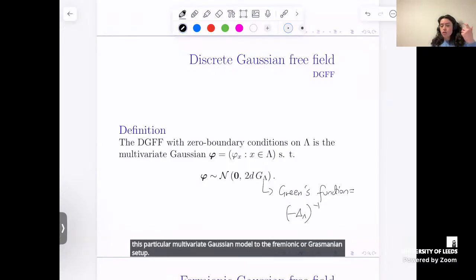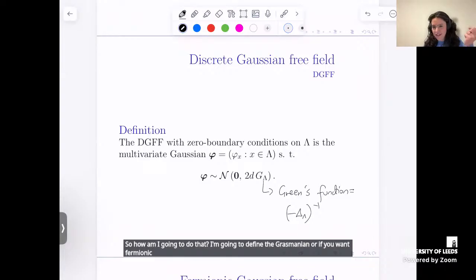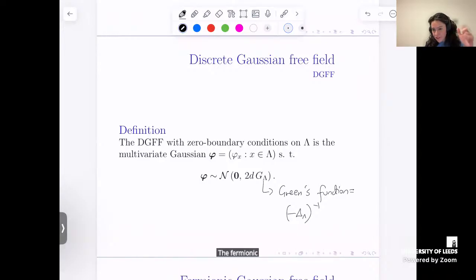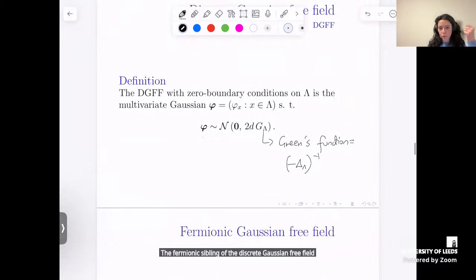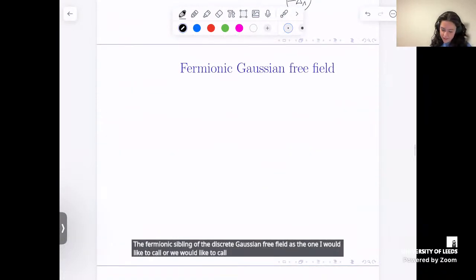So how am I going to do that? I'm going to define the Grassmannian, or if you want, fermionic, I'm going to call it like this because of these anti-commutation rules, the fermionic sibling of the discrete Gaussian free field, which we would like to call the fermionic Gaussian free field.